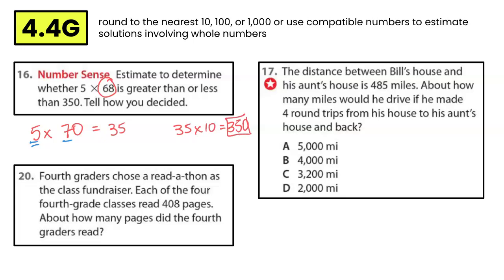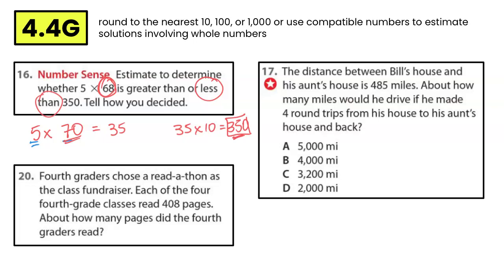Well, because we rounded 68 up to 70, it would make sense that 5 times 68 is less than 350. Since 5 times 70 was 350, 5 times 68 would be less than 350.